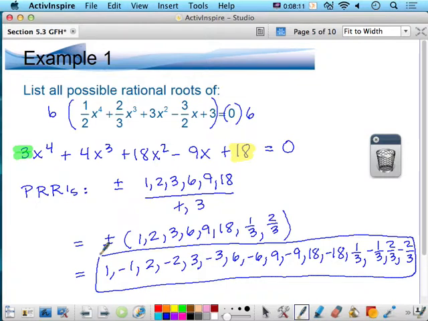And some of you already have realized that we could just find p of each one of those until we find a number that produces a 0. And that would mean that when we divide by it, the remainder is 0, and therefore it would be a solution. So we'll talk about that a little later on. But for now, let's make sure that you've mastered just listing the possibilities, just how to generate them. So let's do one more example on that.